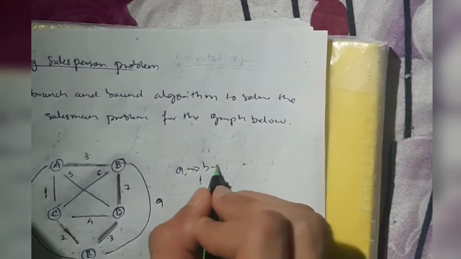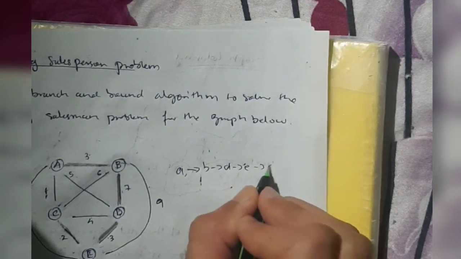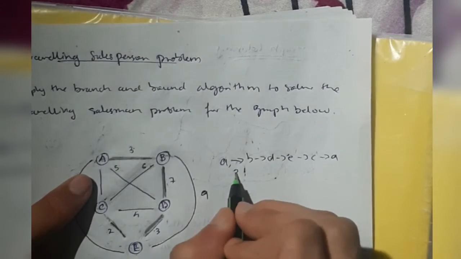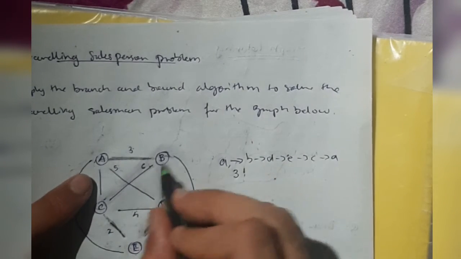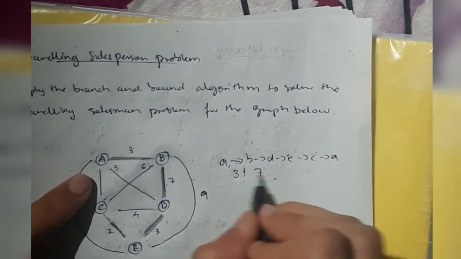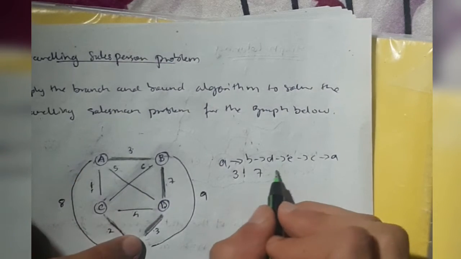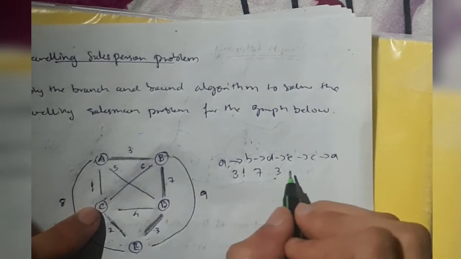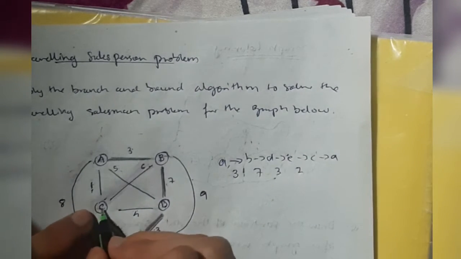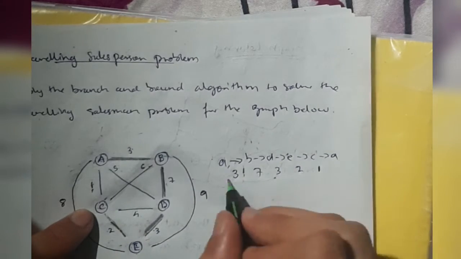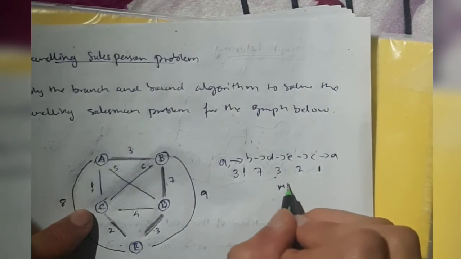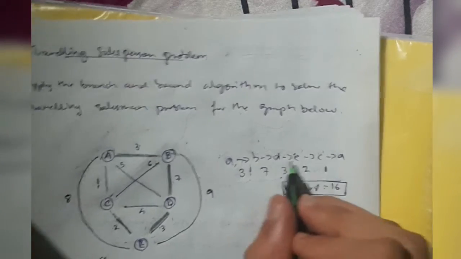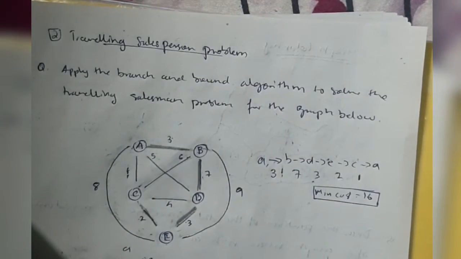A, B, D, E, C, A. So the cost will be from A to B it is 3, from B to D 7, which is 10 here, then D to E 3, 13, E to C 2, 15, and C to A 1, 16. So minimum cost is 16.